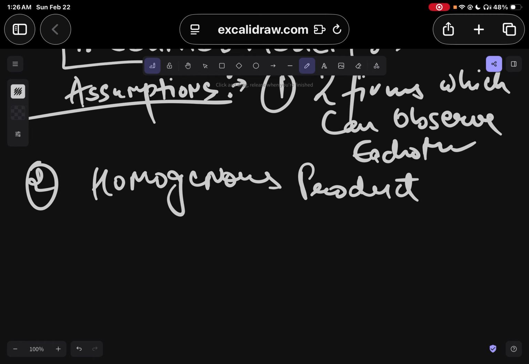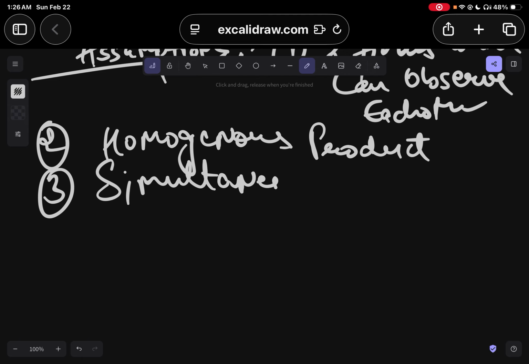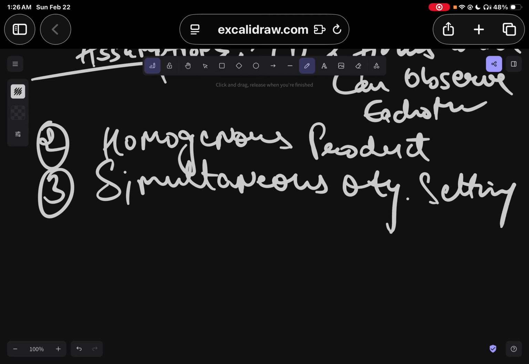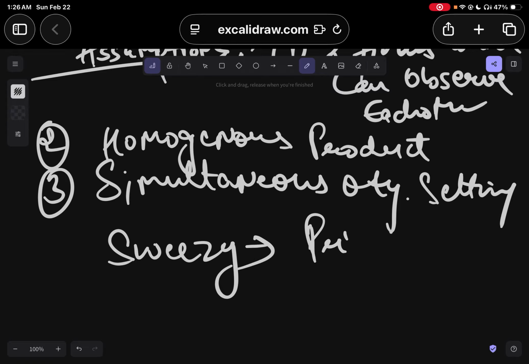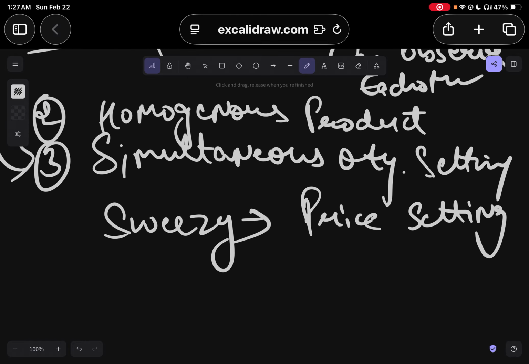So there is homogeneous product and there is simultaneous quantity setting. In Sweezy, which I did in an earlier video, it was price setting. In Cournot, it is quantity setting.